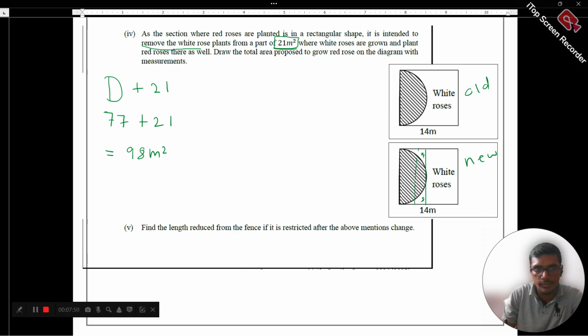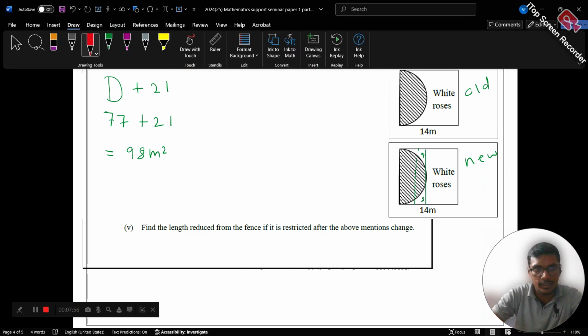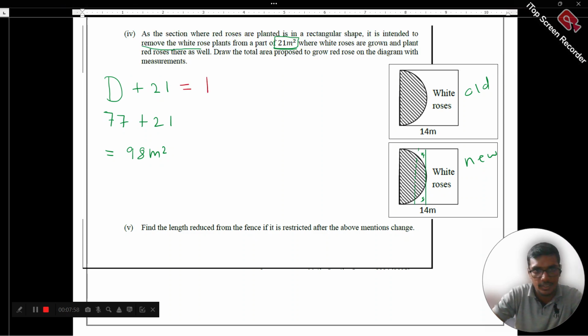And this will be a rectangle. What do we know? We know the side length is 14, but we don't know the width, so I mark it as x. 14 times x equals 98.